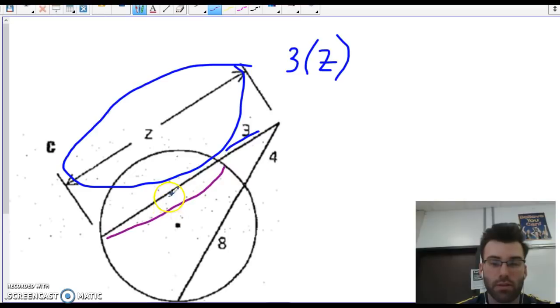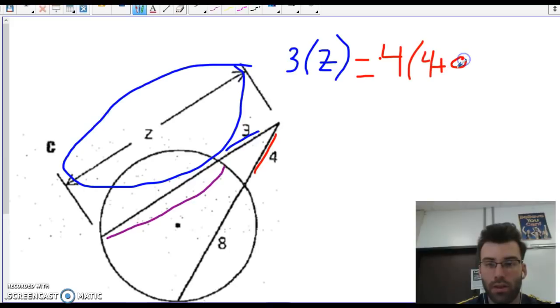More times than not, you'll be asked to find this piece here, and that'll be your variable. So if that were an x, this would become 3 times 3 plus x, much like this part is 4 times 4 plus 8, the outer piece times the whole.